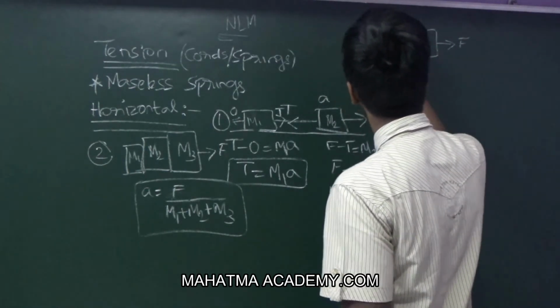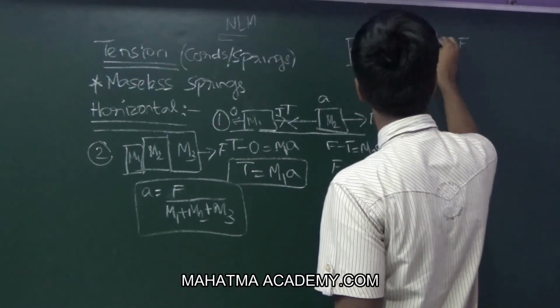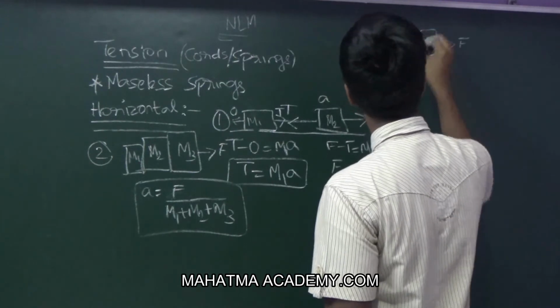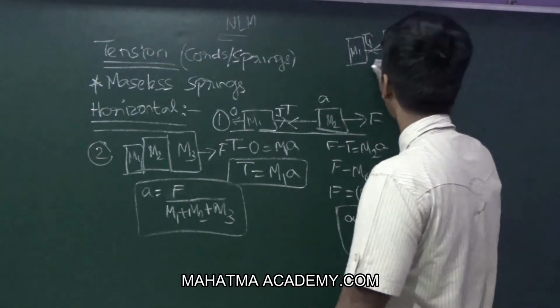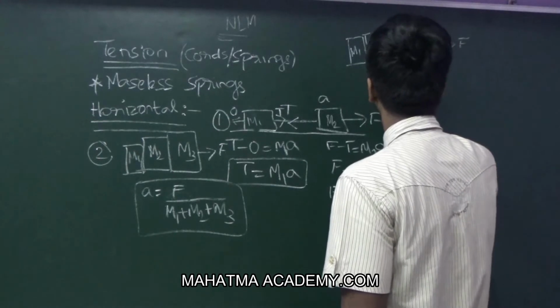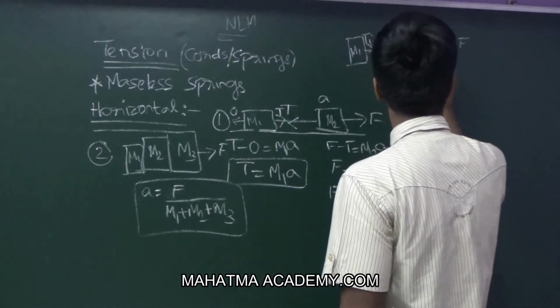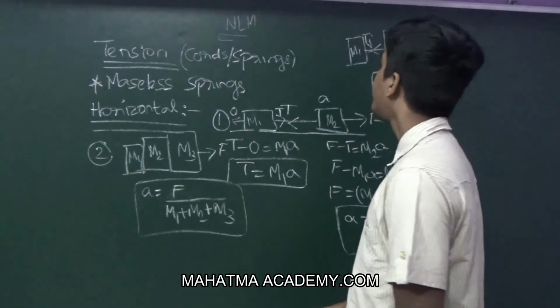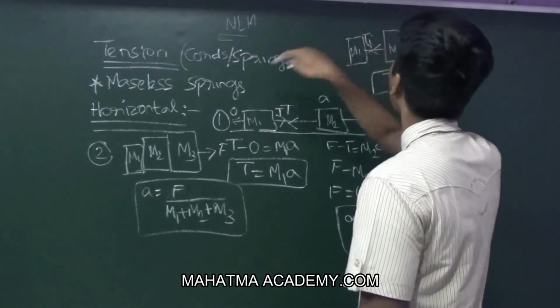Now we can get T1 and T2. Okay students, now we get the tension from here as T1 is equal to m1a. This is simple. If there is nothing here, we can write T1 is equal to m1a.